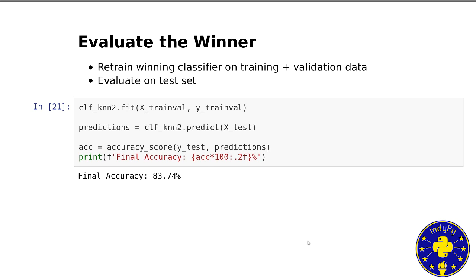So we've already looked at the training data. We can't use it in our test. Why not actually train the model on it? So you can retrain, you don't have to, but you can retrain your classifier on the training and validation data together. Do your predictions, get your accuracy, this time on the test set, passing the test set, evaluating on the test set. And then our final accuracy is almost 84%.